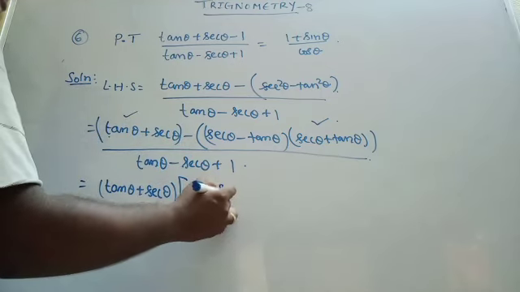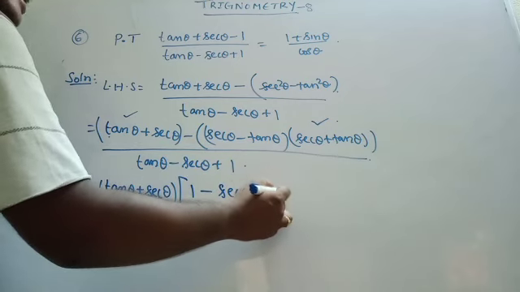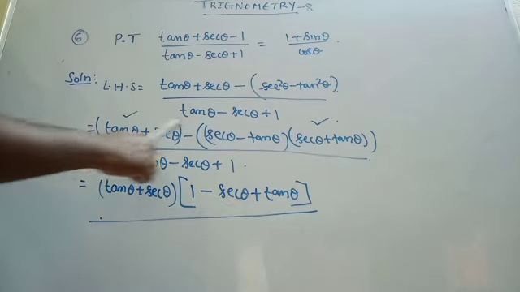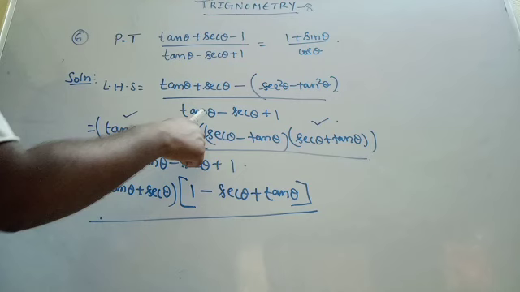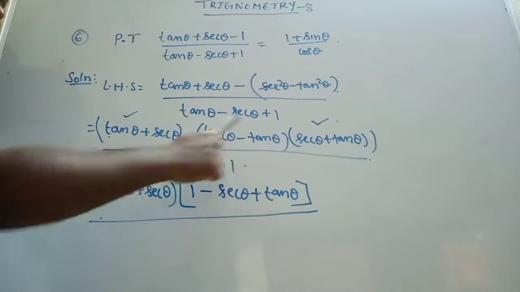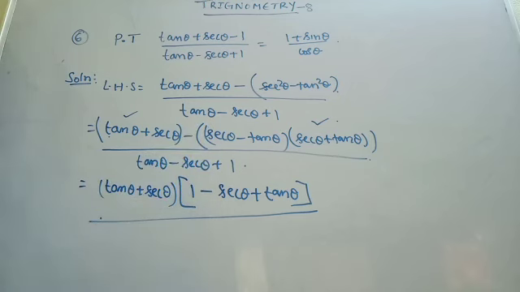I am writing directly 1 minus secant theta minus into minus plus tan theta, like this. This is because after taking common this one, and 1 minus of secant theta minus tan theta, once you open the brackets, that is minus secant theta minus into minus plus tan theta you are having here.